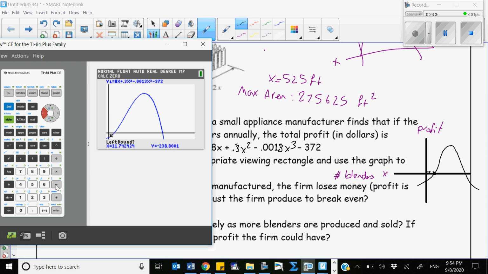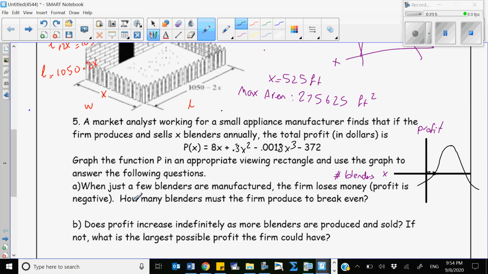Okay, this is good. Left side, and then right bound, and then on top of that. It's 25.23. That's when the y value is 0. So when x is 25.23, then the y is 0, or basically we have the break-even point here.